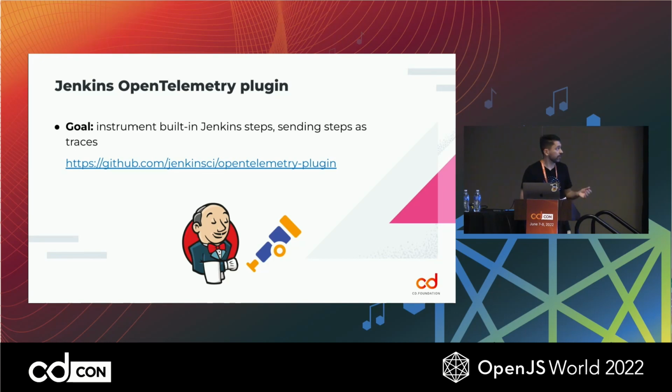And finally, the Jenkins Open Telemetry plugin. Our team has created this plugin, and it's in the Jenkins organization, which allows you to create traces from the built-in steps in Jenkins. So you will be able to see everything happening in a Jenkins pipeline and see the traces for that.